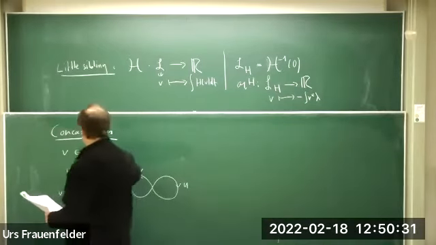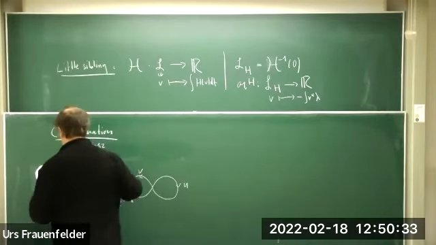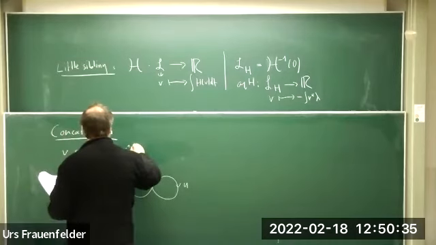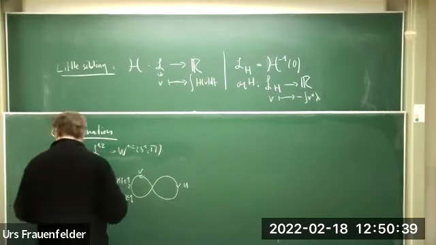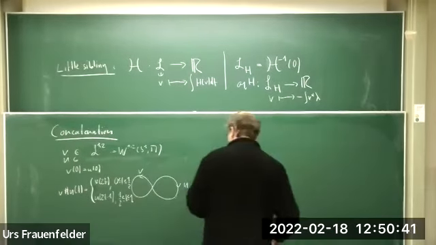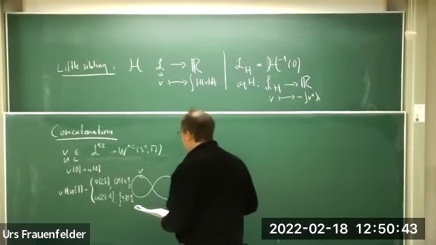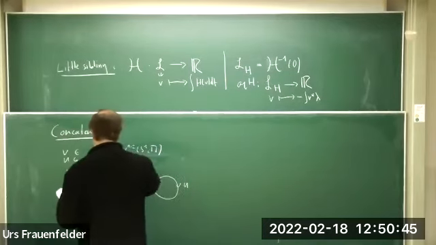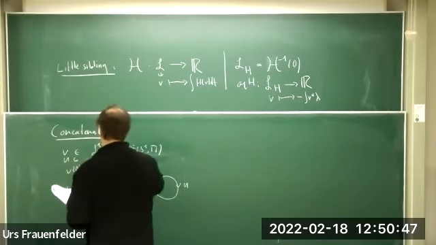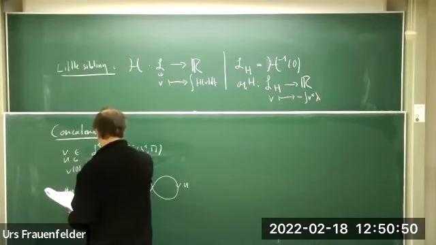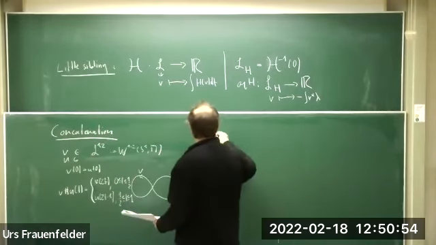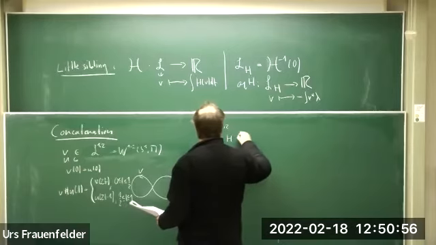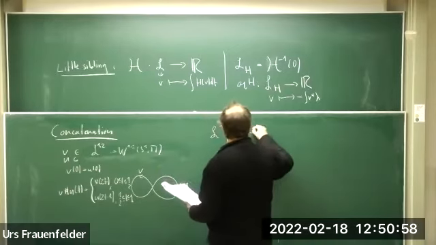And now observe that we can look as well at a hypersurface here in the W^{1,2} loops, namely the W^{1,2} loops of mean value 0.